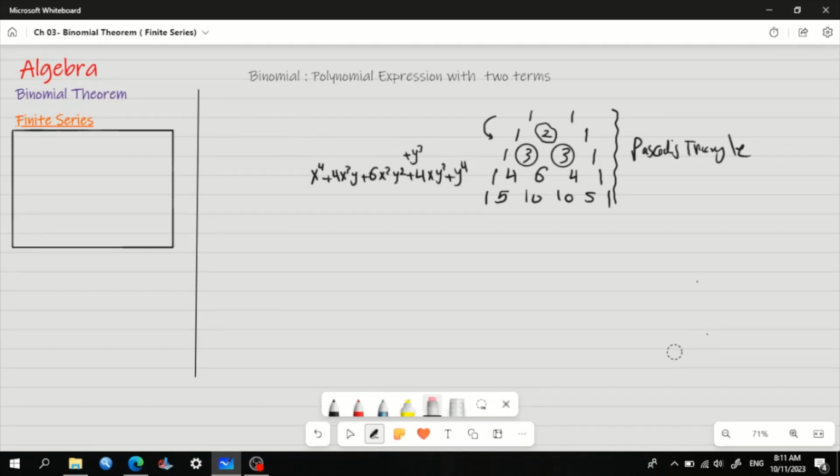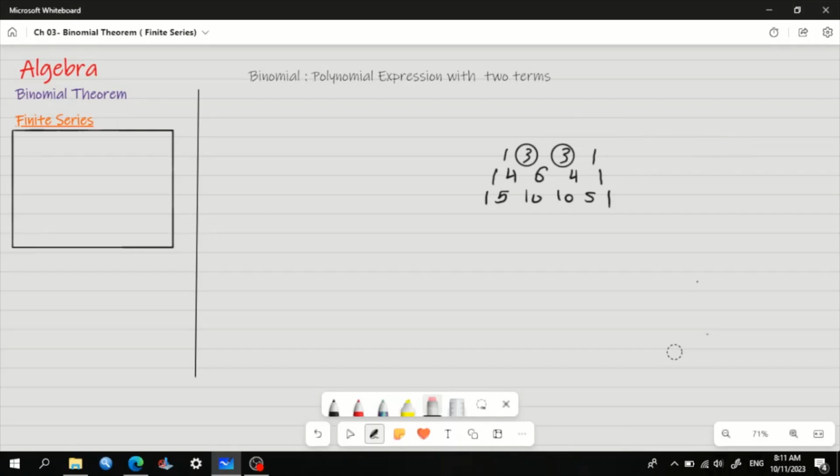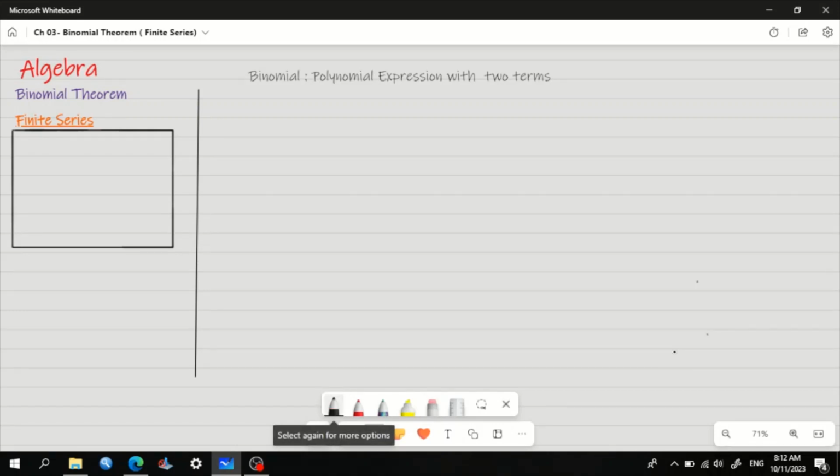If we have (x plus y) to the power n, and here n is a positive integer, and this is our first case of a binomial bracket with power a positive integer, where n is greater than or equal to 1.